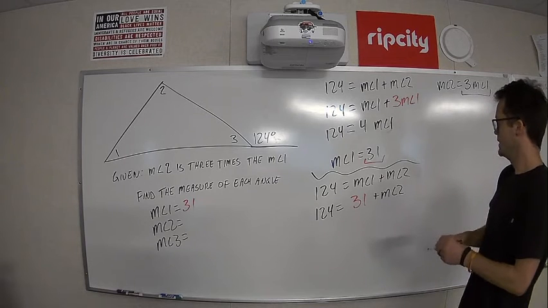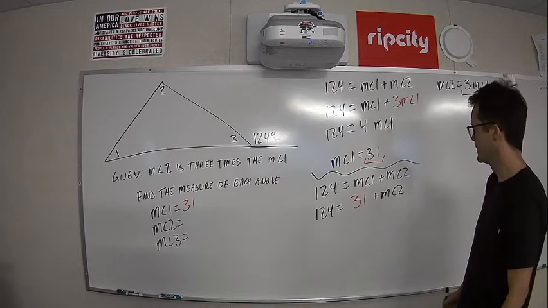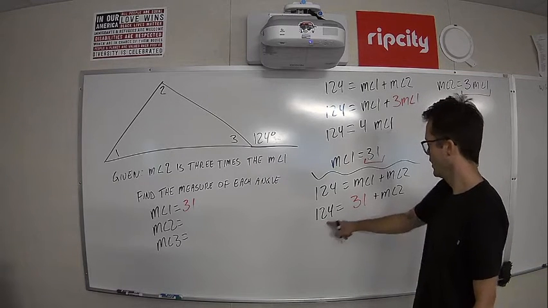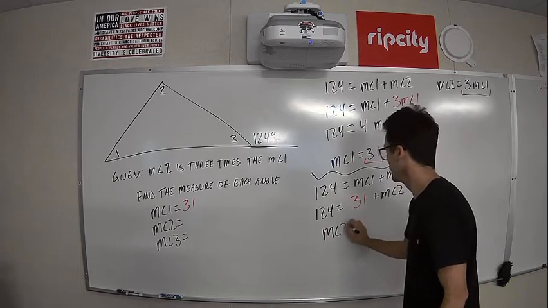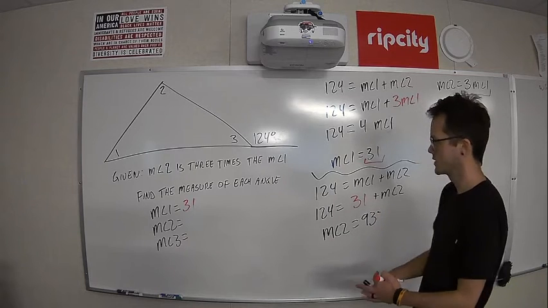Now it's just solve the equation. We just need to subtract 31 from both sides. 124 minus 30 would be 94, but then we're going to take away one more than that. So the measure of angle 2 is 93 degrees. So let's capture that over here.